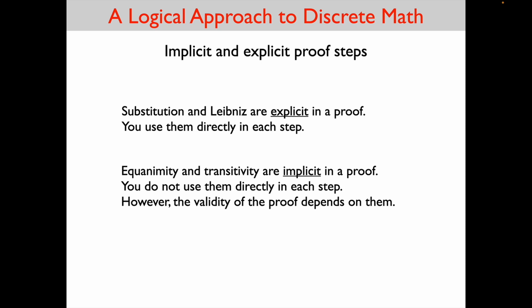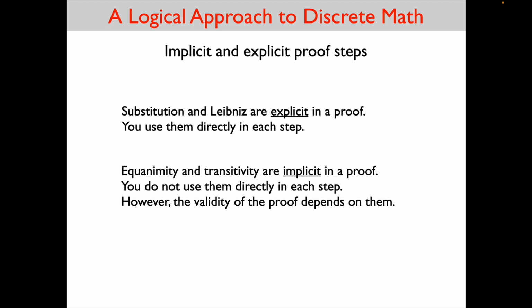And now, before we look at the other 2 proof steps, I want to make a distinction between implicit and explicit proof steps. Substitution and Leibniz are explicit in a proof. You use them directly in each step, and that's what we just did. We just showed how Leibniz and substitution are used directly in each step.